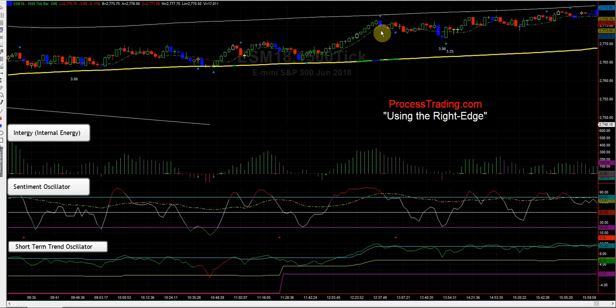We could look, but the point of it is you can make 4, 5, 5.5 points very safely, and this would tell you to exit here. Well, that would be a good exit, even though price did go back up a little bit right here. Ultimately, it came down to here. So that's how the trend trading works.